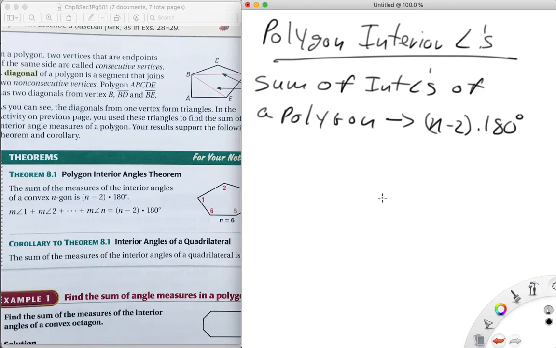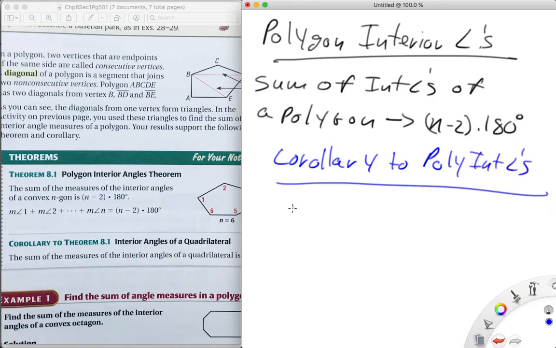Then we have a corollary to that, and the corollary is just talking in terms of quadrilaterals. The corollary to the polygon interior angles theorem says that for a quadrilateral, the sum of the interior angles of a quadrilateral is 360 degrees.